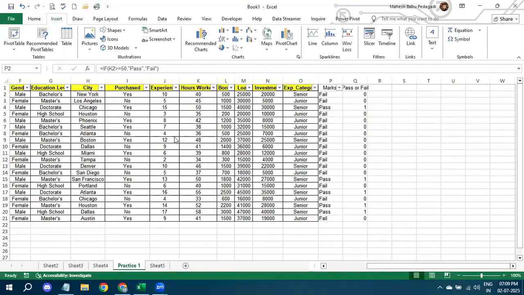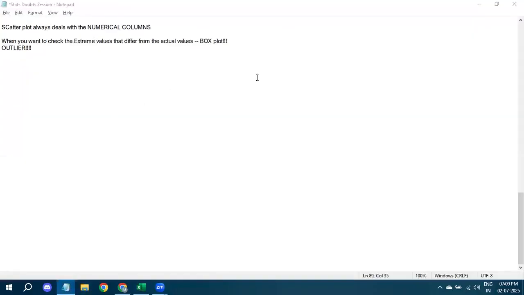Mahesh: Over the weekend, on Saturday and Sunday, we were discussing skewness and kurtosis. If I plot those two charts, do both define the same thing?